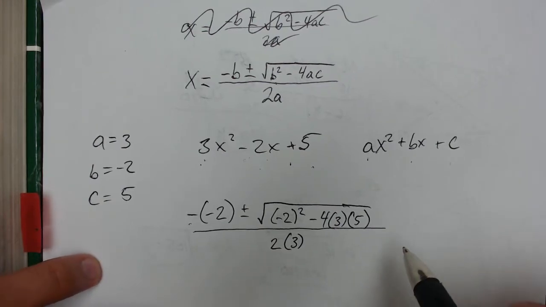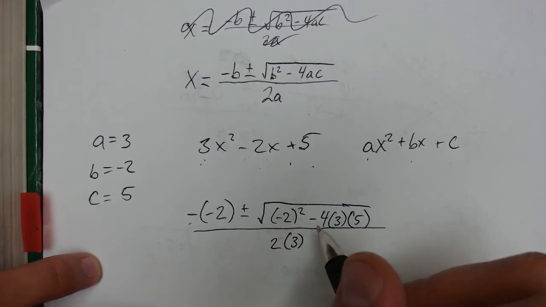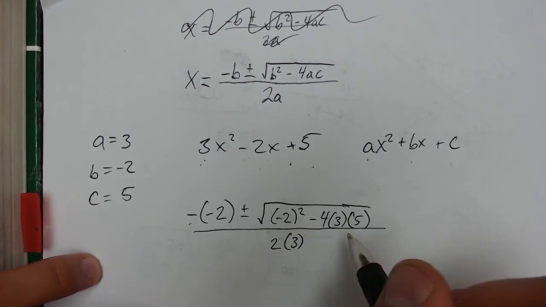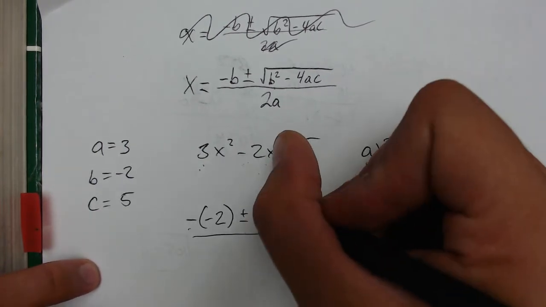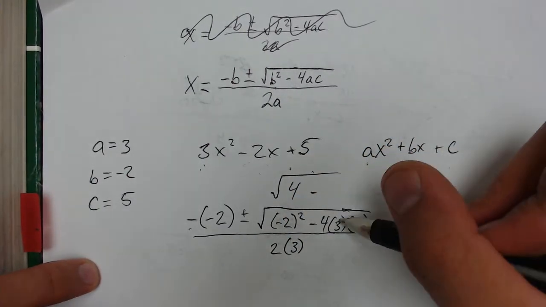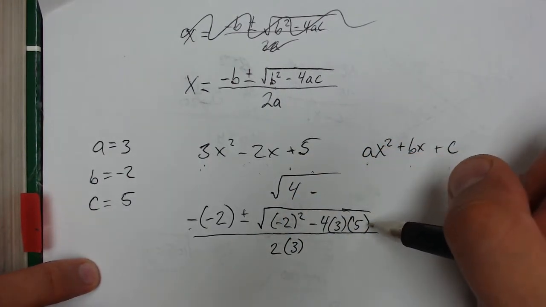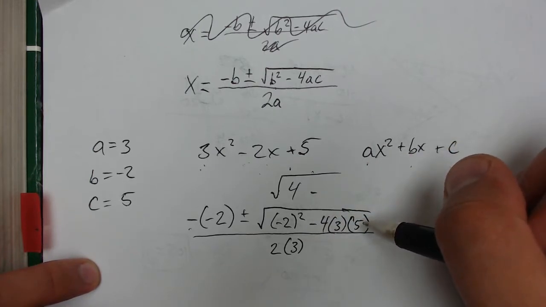So we'll go ahead and start with parentheses and exponents. I usually like to start inside this radical because it's the most complex part. So I can take this (-2) squared, and that's going to become the square root of 4, minus, let's see here, 3 times 5 is 15, and then we've got -4 times 15 is going to give me -60.